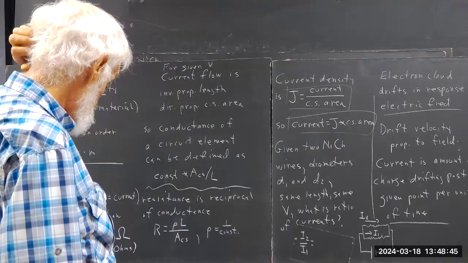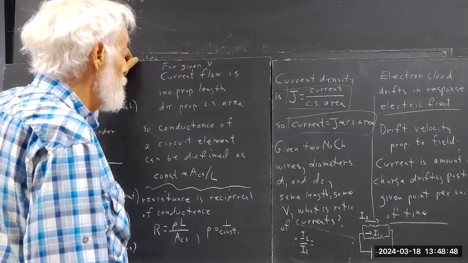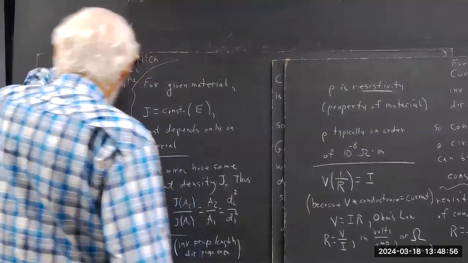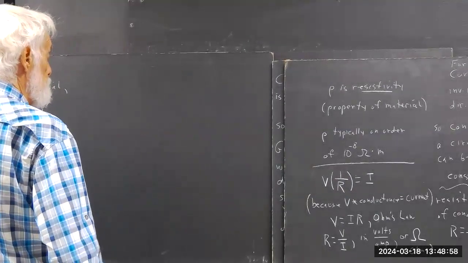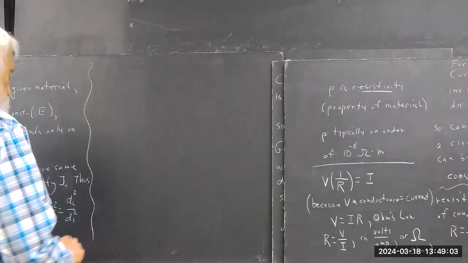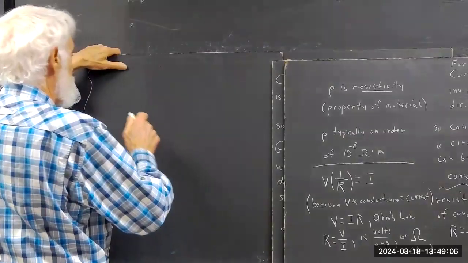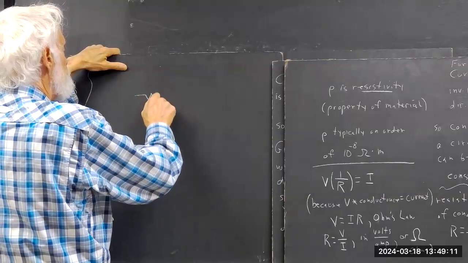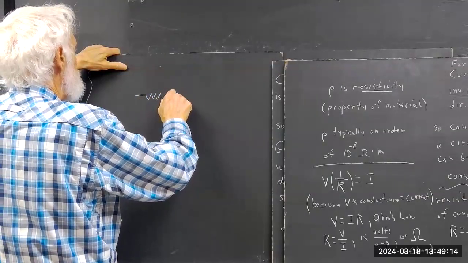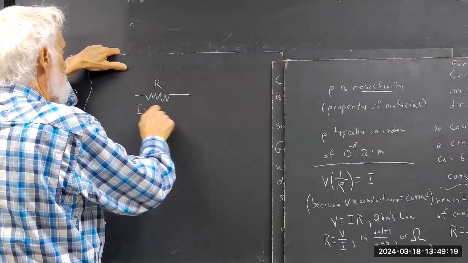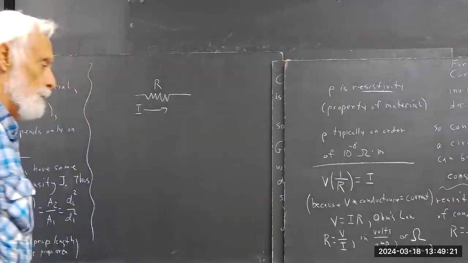But we want to talk about energy. Okay, what about energy in a circuit? Okay, well, there's conduction. So now let's say that we have some resistance, and we have a current I through this resistance.